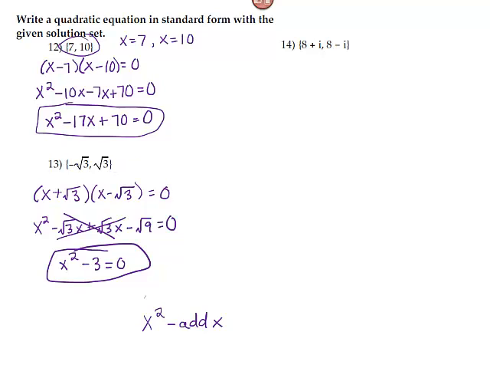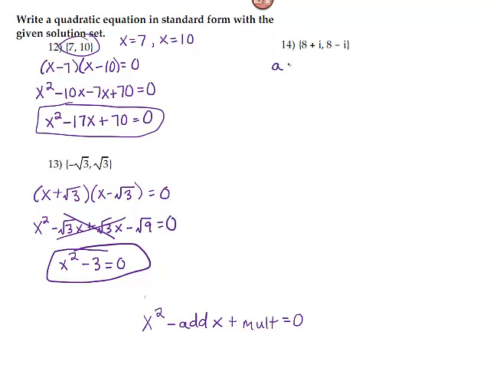So in this case, it doesn't really matter about the negative, because if we add these together, we get 0, and notice how we didn't have an x term. And then the last term, you get just by multiplying. 7 times 10 gave us 70. So you multiply to get the last number. Negative square root of 3 times square root of 3 is negative 3. So this actually is like a pattern or a shortcut that you can use now on a more difficult problem like this one.